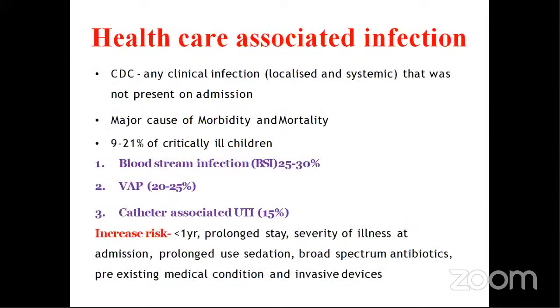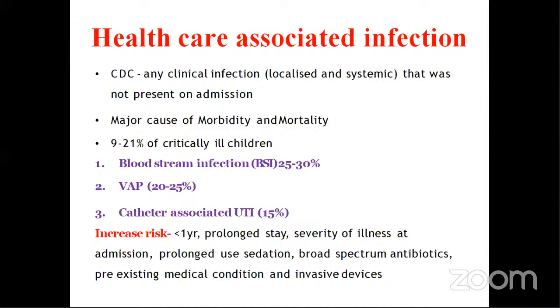Now, healthcare-associated infections, CDC defines them as any clinical infection, localized or systemic, that was not present on admission. They are a major cause of mortality and morbidity in the intensive care setting, with one third of critically ill patients suffering from them. There are 3 types: bloodstream infections, ventilator-associated pneumonia, and catheter-associated UTI.